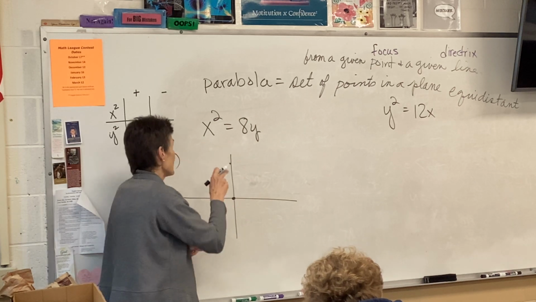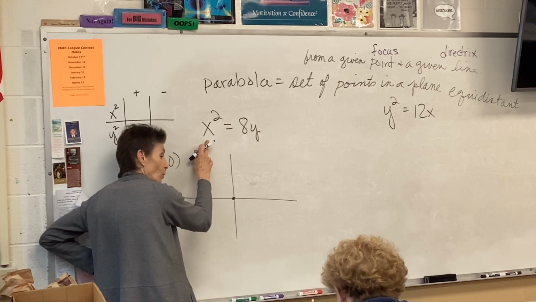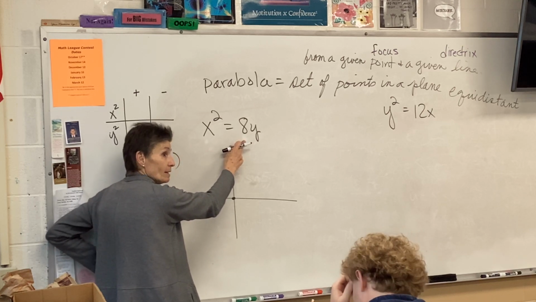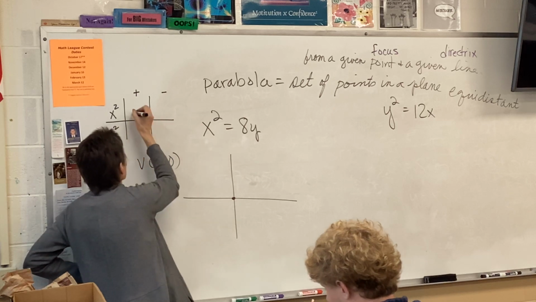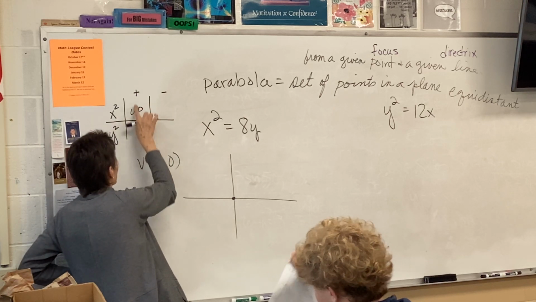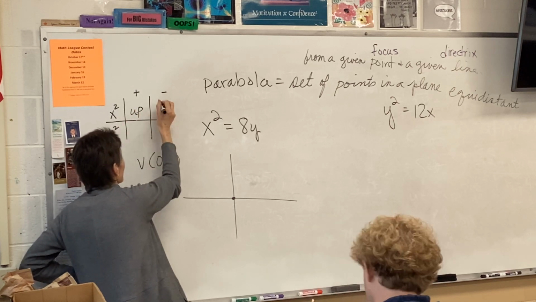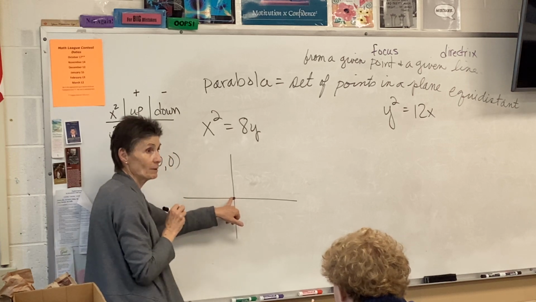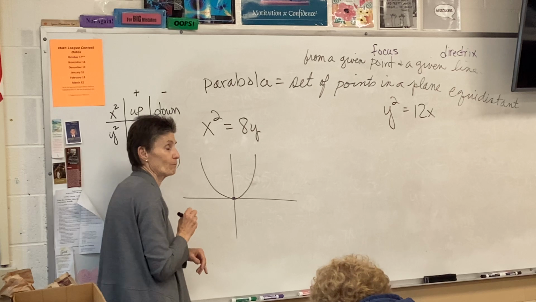If it is an x squared parabola, it's either up or down. You remember that if the number is positive, it is up. We talked about those before. So x squared positive is up. X squared negative is down. So this parabola is going to open up. So I'm just going to freehand it in for a second.